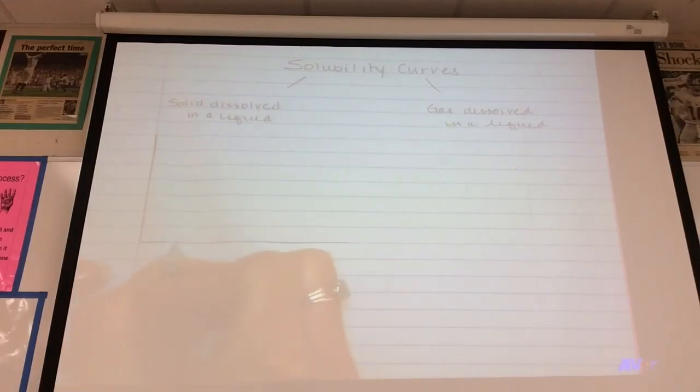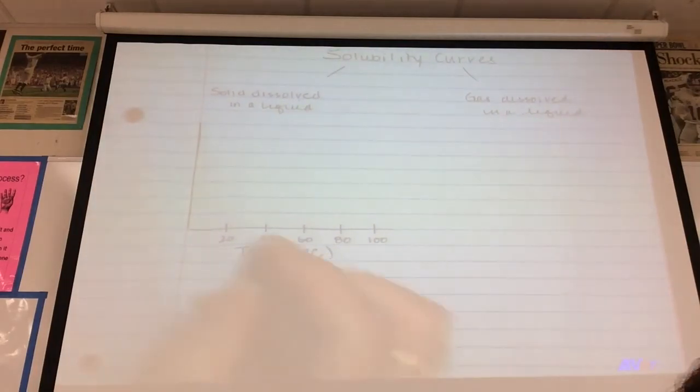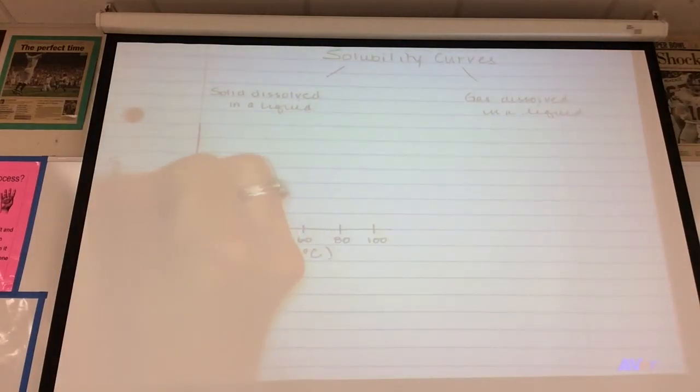So let's say I have 20, 40, 60, 80, 100. And on this axis, so I'm going to push this over now, you have solubility.